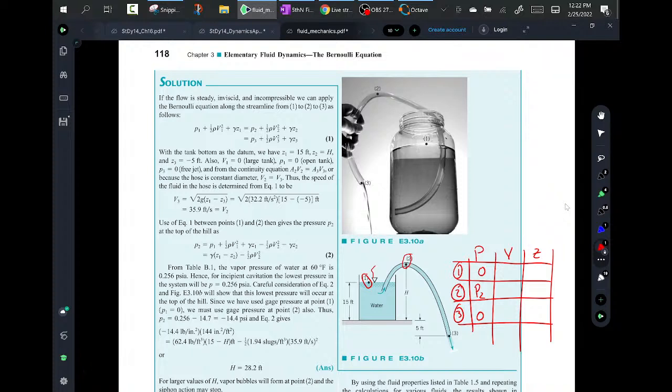Okay, so here, let's use our datum as down here. It would be 0 for 3. It would be 15 or 20 for 1. It would be some H for 2.